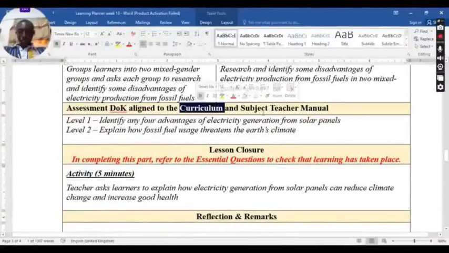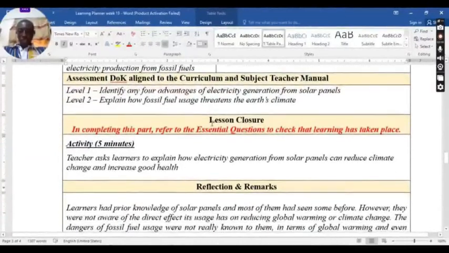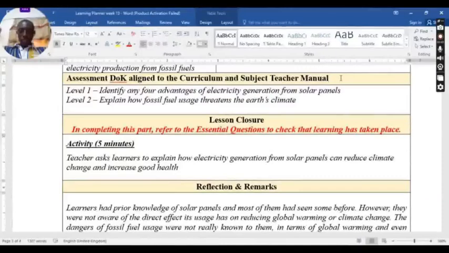Very important. Now we all know what assessment is. You want to find out whether what they have learned, they have understood it, or they have grasped the concept of the topic that you taught. Alright, so the assessment has to align with the DOK. It's not necessary that the DOKs are up to level 4.